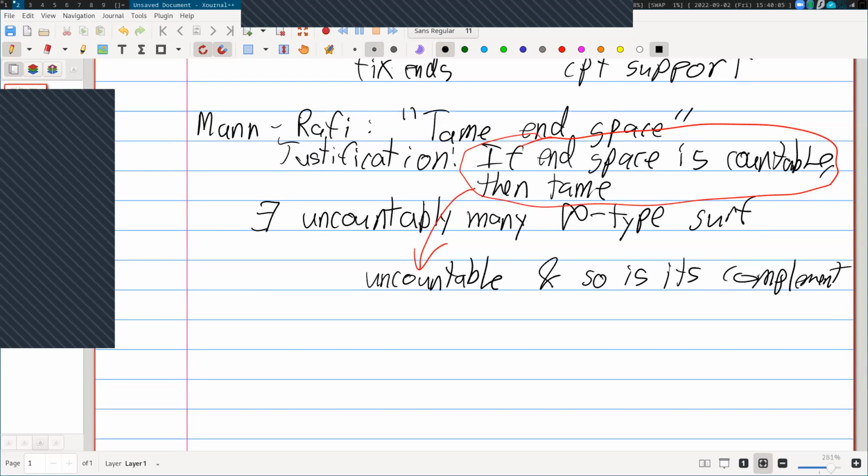And the other justification is that every surface that anyone's ever thought of in any published work is tame, right? Except Mann and Rafi when they were searching for a counterexample. Anyone has cared about.